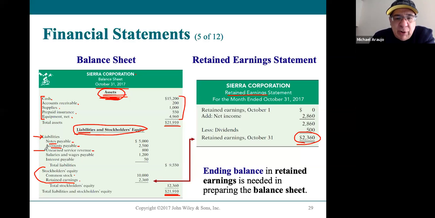Revenue is earned, which means the work has been done. Unearned revenue means that we haven't earned the revenue. The customer has paid us, but we haven't earned what they paid us for. We owe the customer for what they paid. That's why it's on the liability list. And it's a very, very important liability to understand. It's much more common than a lot of people think.